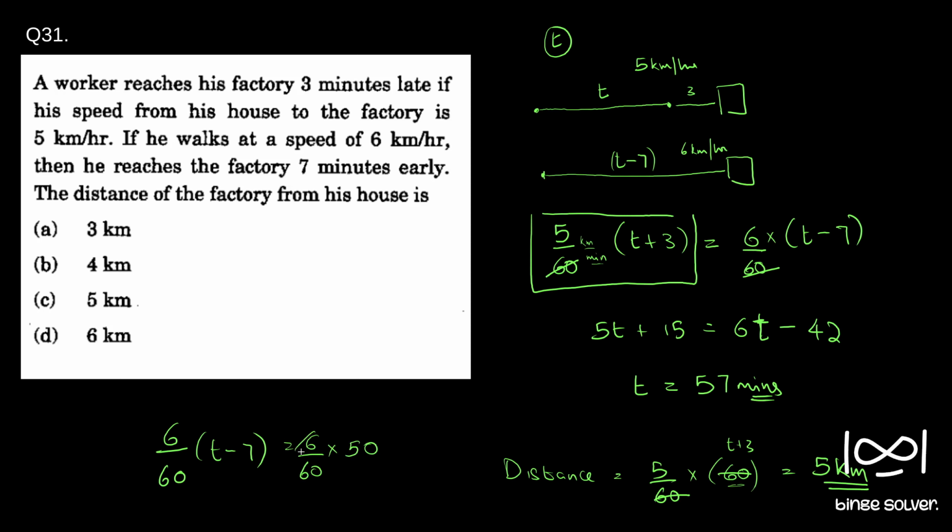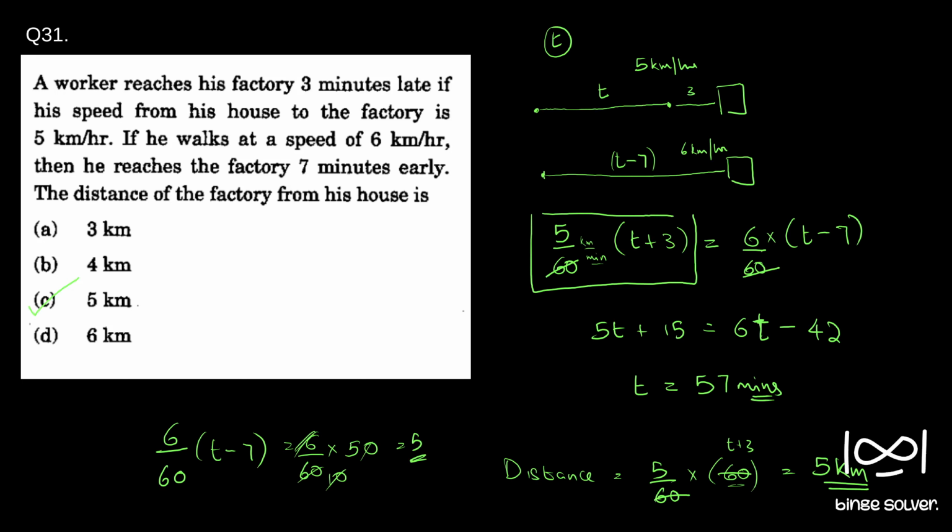So this becomes 6 by 60 into 50, which gives 5. Same answer. So we could use either 5 by 60 into t plus 3 or 6 by 60 into t minus 7. That is our choice. Once we find t, it's fairly simple. So the answer is C, 5 kilometers. That is the solution to question 31.